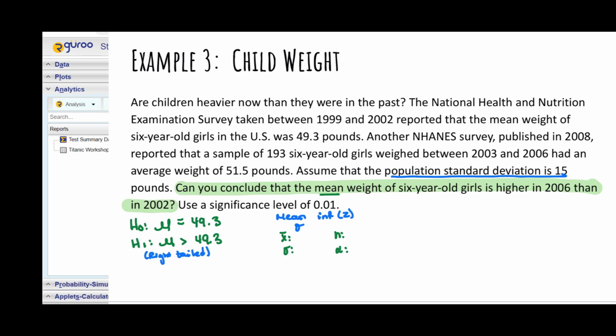And so those numbers are: sample mean was 51.5, because this is the mean for the sample of 193 6-year-old girls. So N is 193. The population standard deviation they said was 15. And alpha, the significance level, is 0.01. So that's actually a little bit different than what it has been in the past because we've been doing 0.05 every time. All right, so now we're going to go and do our test.